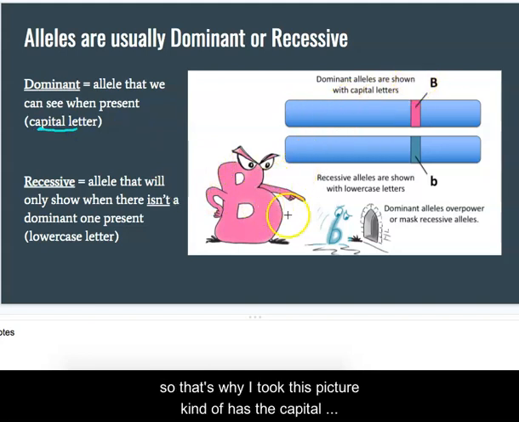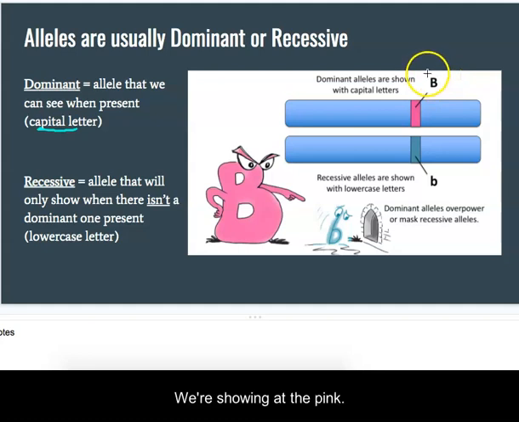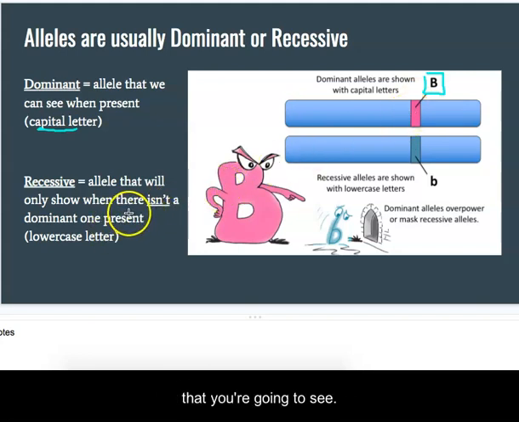And so that's why this picture has the capital B bullying the little b, and why in this particular case we're showing that the pink version is dominant. So if you get that big B, or the dominant allele, no matter what, that is the trait that you're going to see.